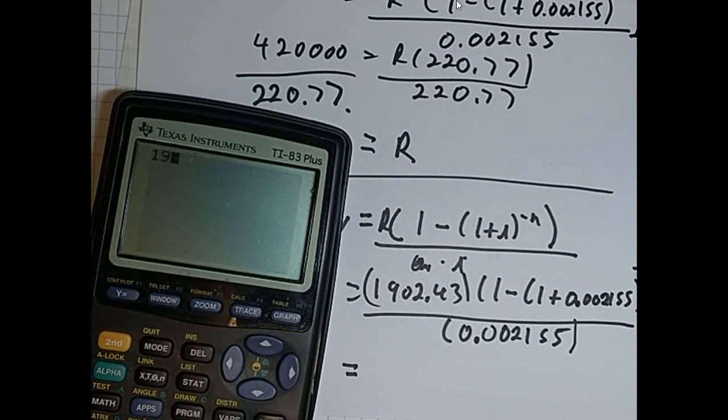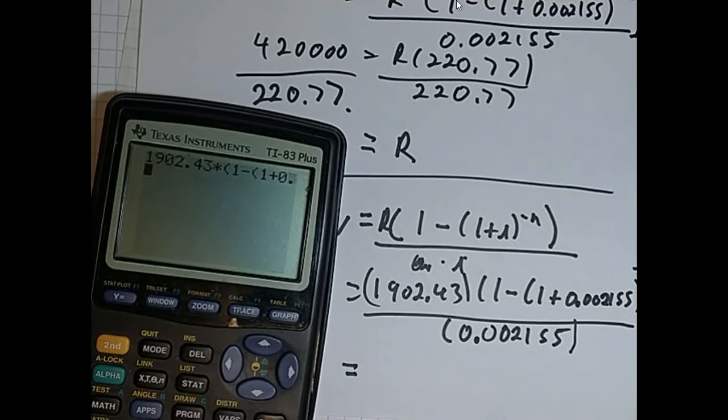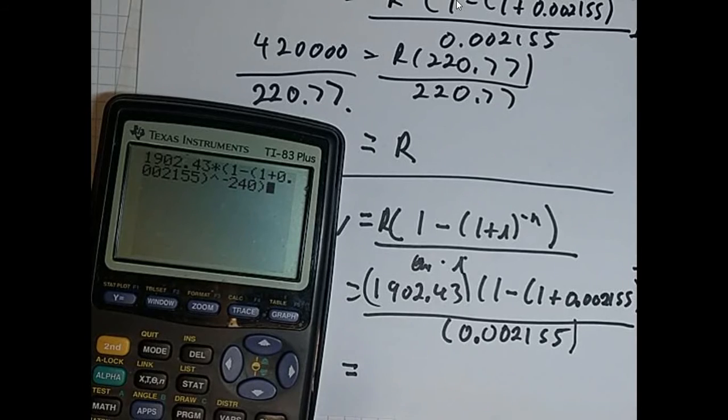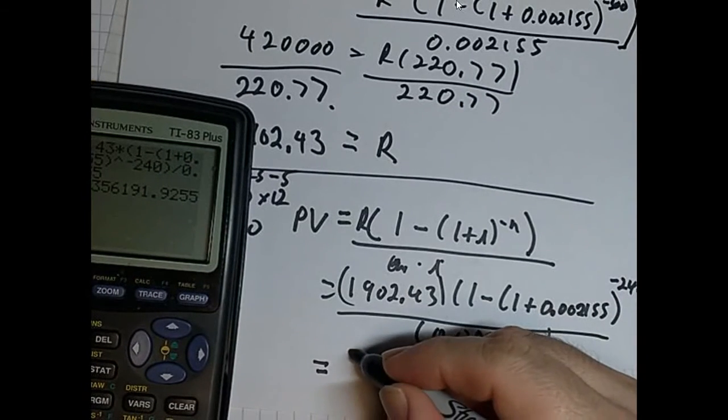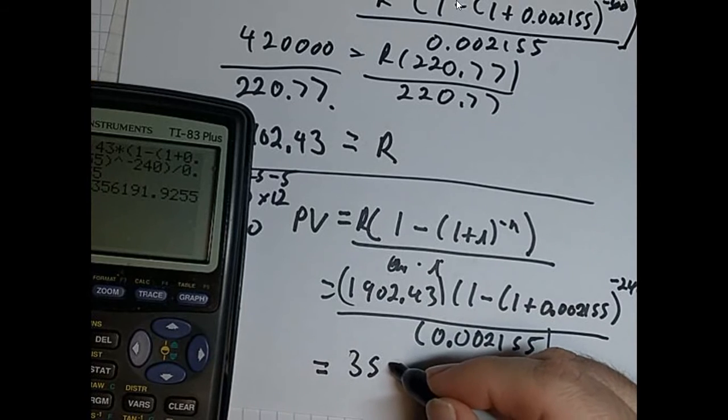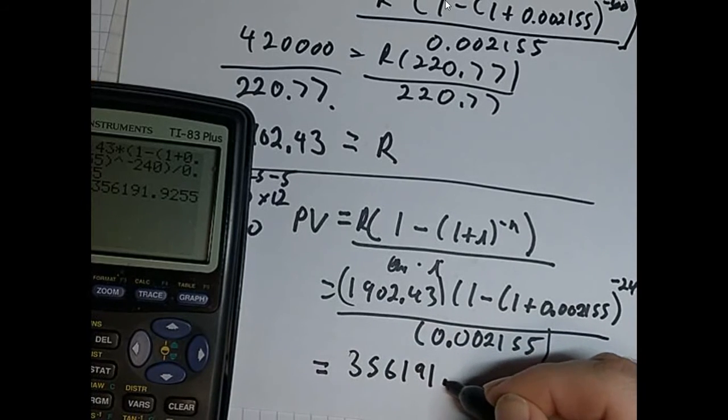So 1902.43 times bracket 1 minus bracket 1 plus 0.002155 to the power of negative 240. Close the bracket, divided by 0.002155. So right now we still have to pay $356,191.93.